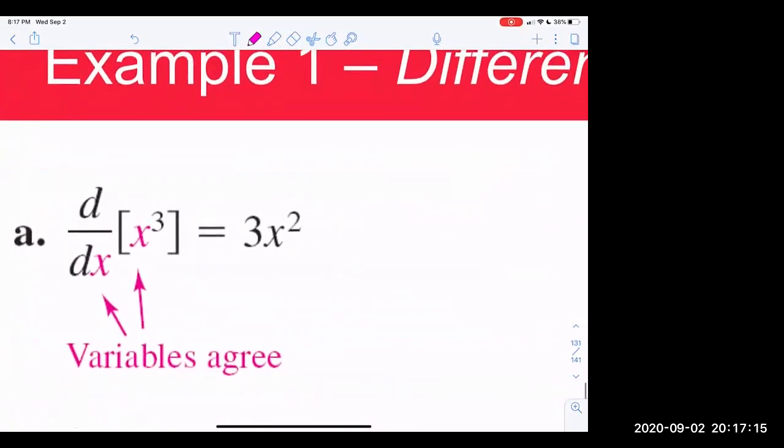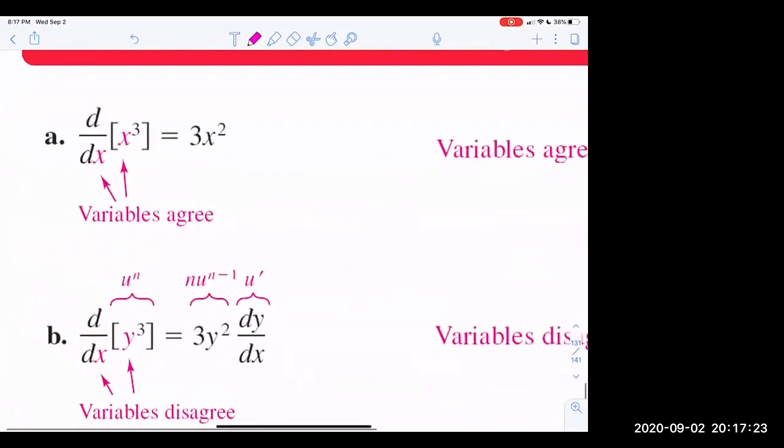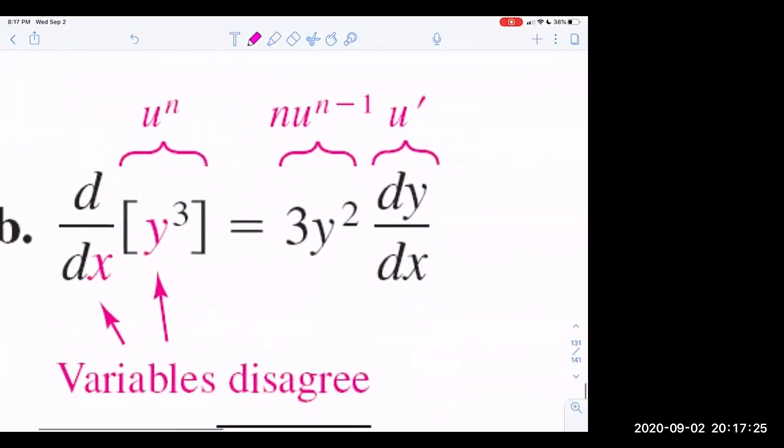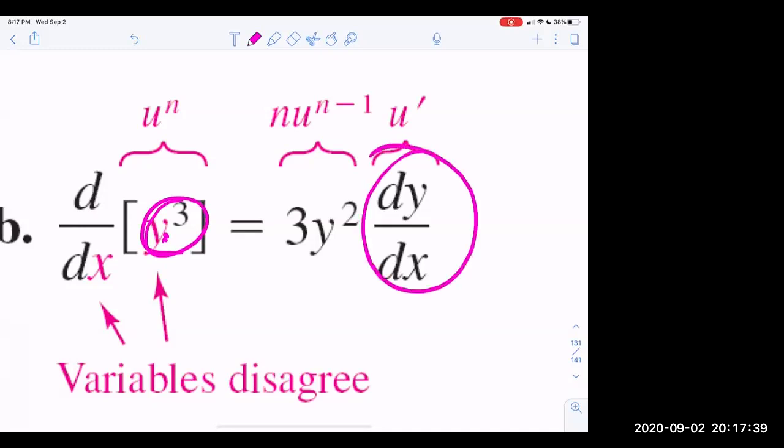So when I'm differentiating x cubed with respect to x, great, fine, all these variables are great, okay? However, when I'm differentiating y cubed with respect to x, I'm going to have to apply the chain rule. So I'm going to have 3y squared, right? But I don't know what that dip is, right? What's the derivative of y with respect to x? I don't know, but that's my dip. So I just tack on a dy dx is what it generally amounts to.